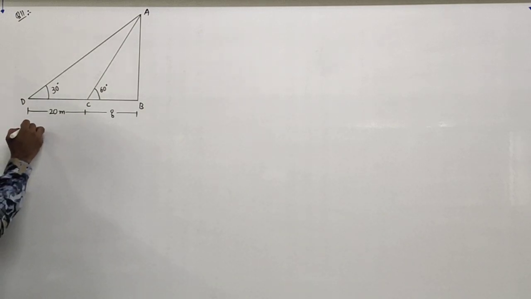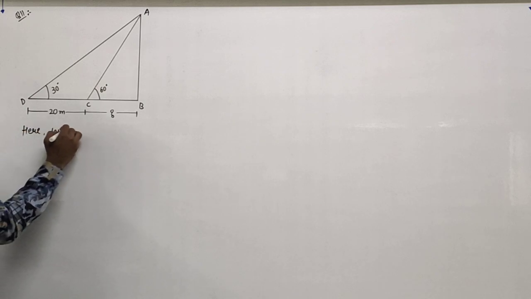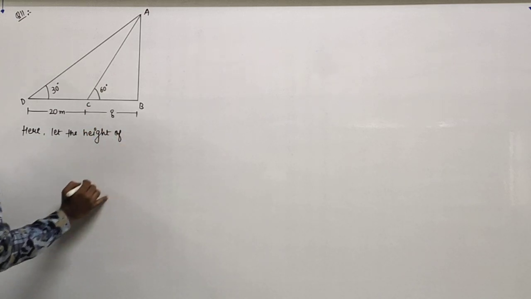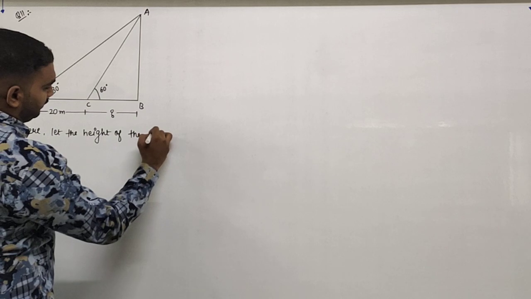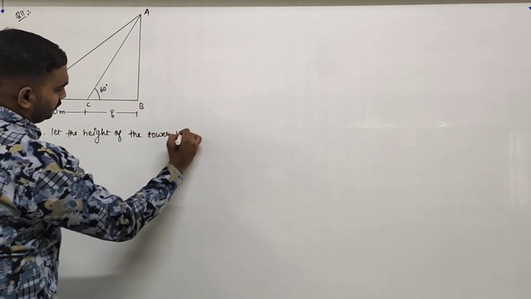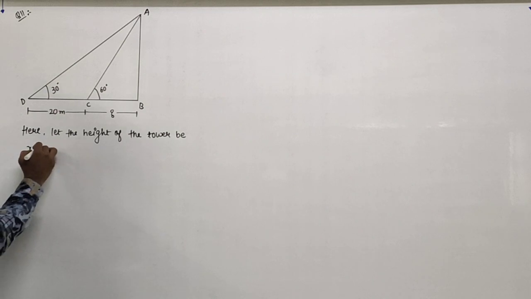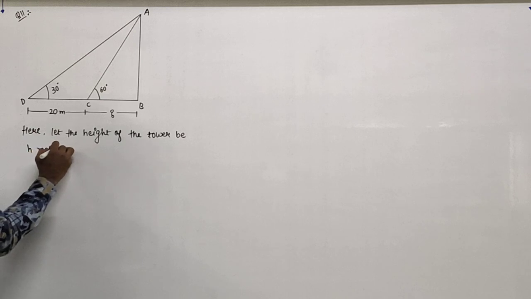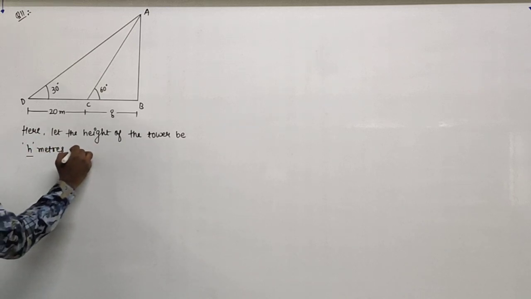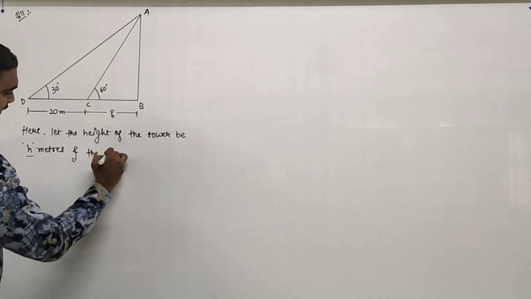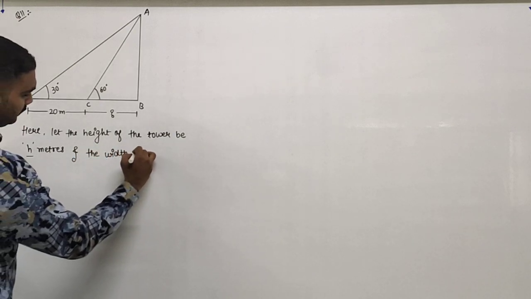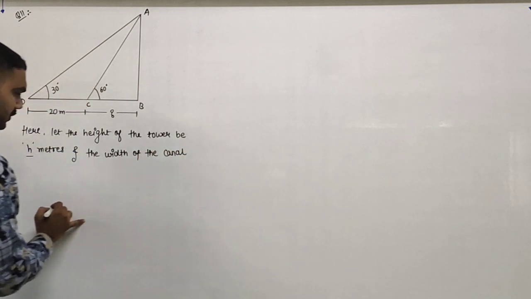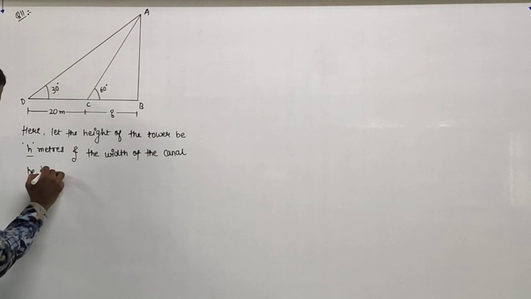So here, let the height of the tower be h meters, let us say that is h meters, and the width of the canal be x meters.